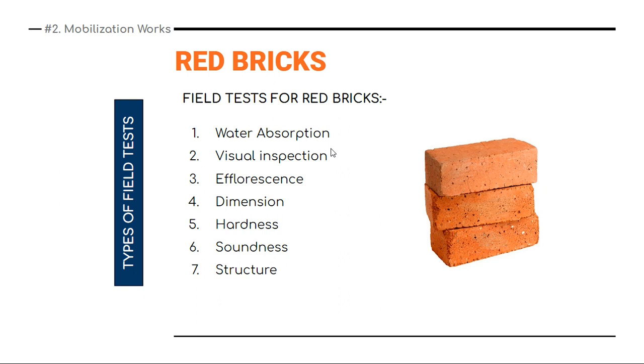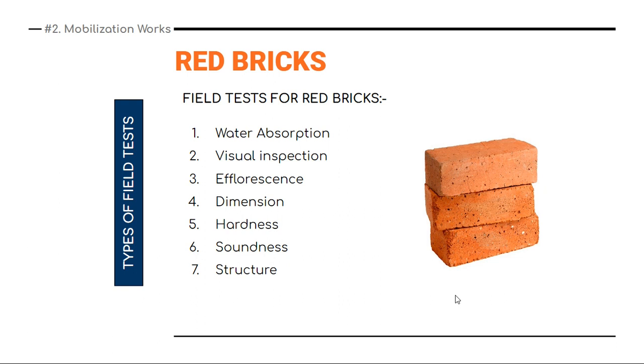Then visual inspection. In visual inspection, you can see that a lot of organic materials are sometimes used. Organic material is not good. What will happen is, after some time, it will give birth to fungal growth, and it will also help vegetation in your house.